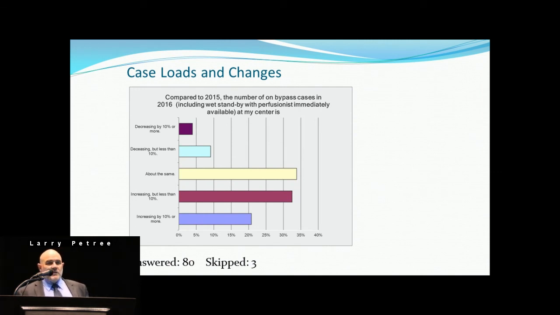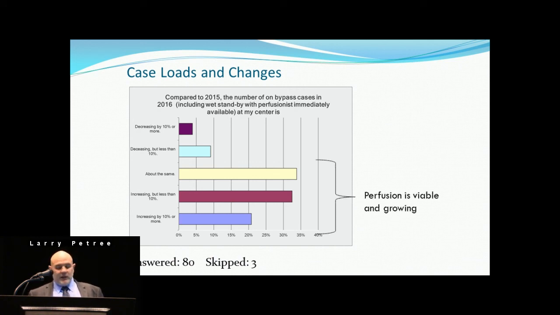In terms of caseloads and those changes, the question here was, compared to 2015, the number of bypass cases in 2016, which includes wet standby with a perfusionist immediately available, is... and that answer, the bar in the middle is about the same. The one below that is increasing but less than 10%, and then the one below that is increasing by 10% or more.